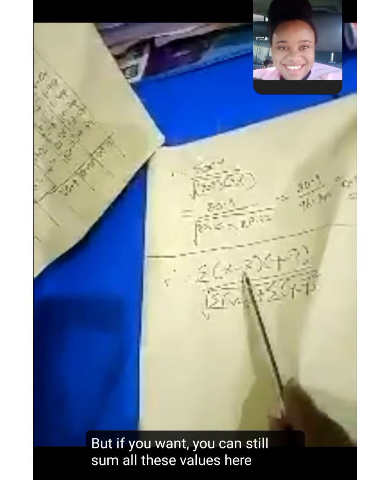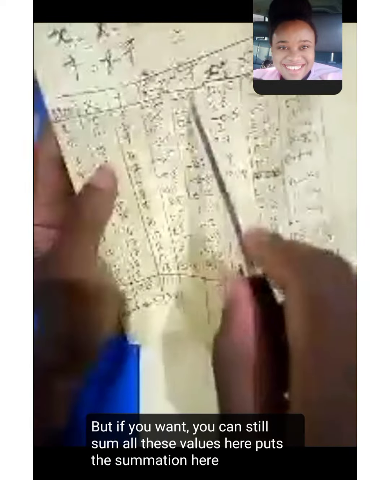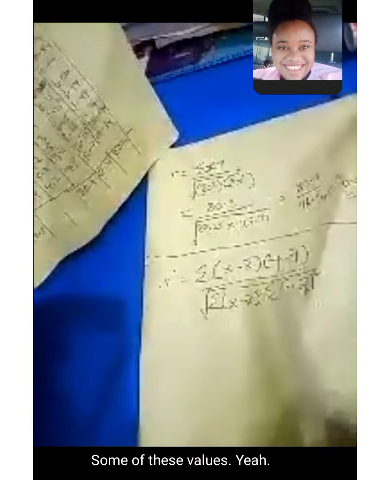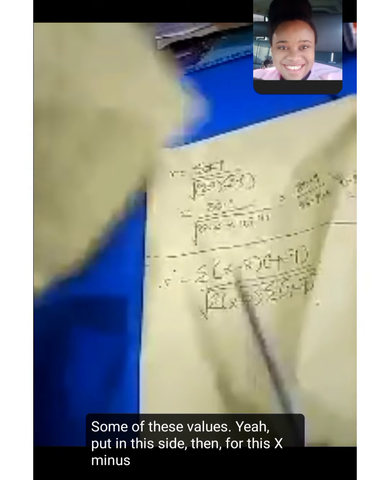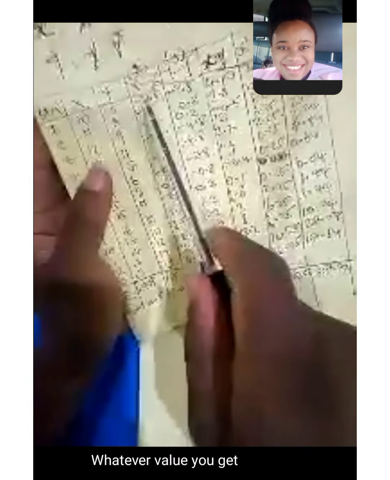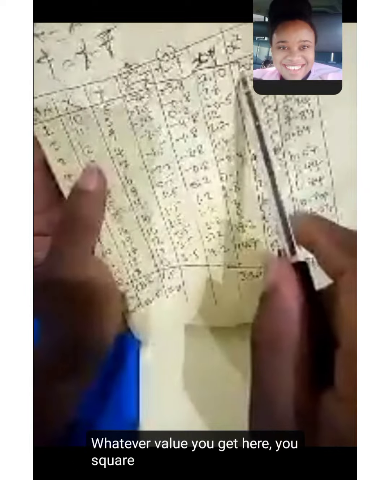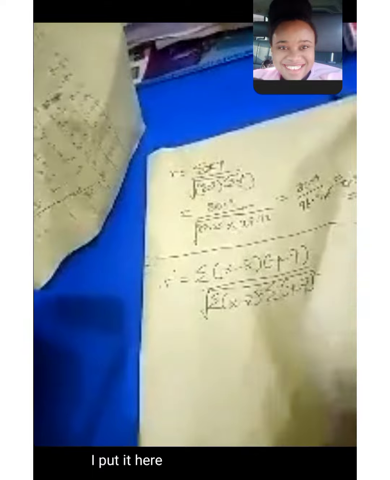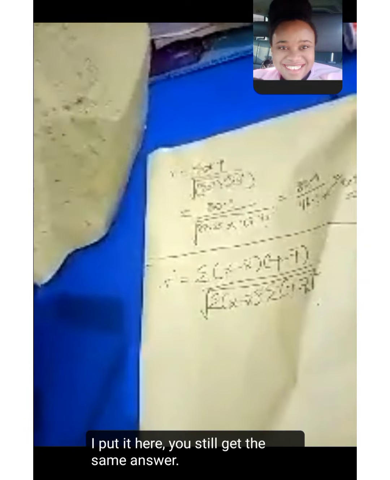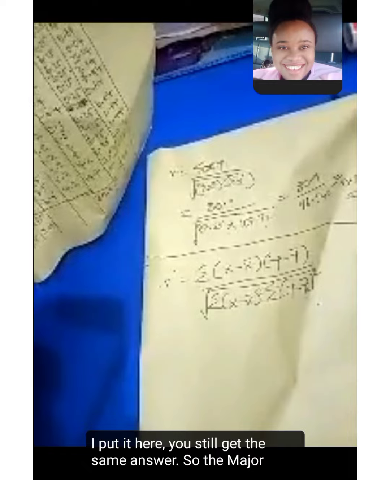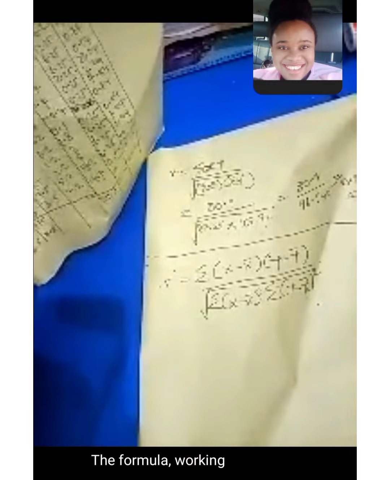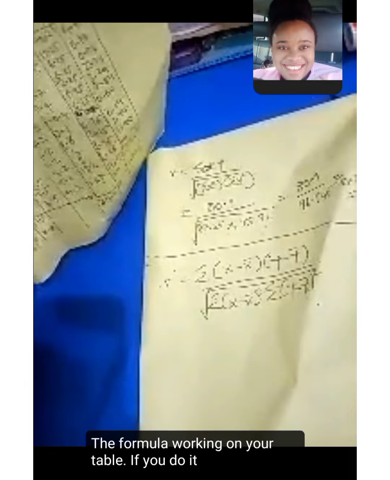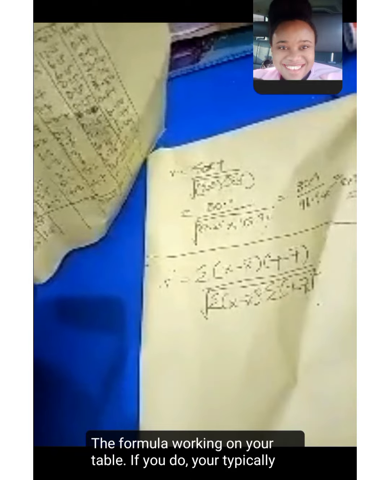Then for this x minus x bar square, whatever value you get, you square it, and the same for y, and you put it here. You still get the same answer. So the major thing is the formula and working on your table. If you do your table correctly, you can use any of the formulas. So let me just go through the table again.